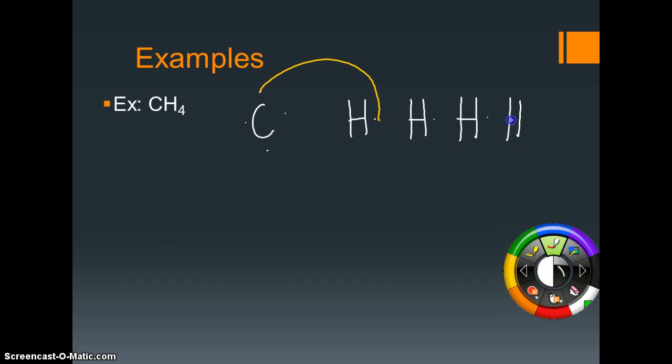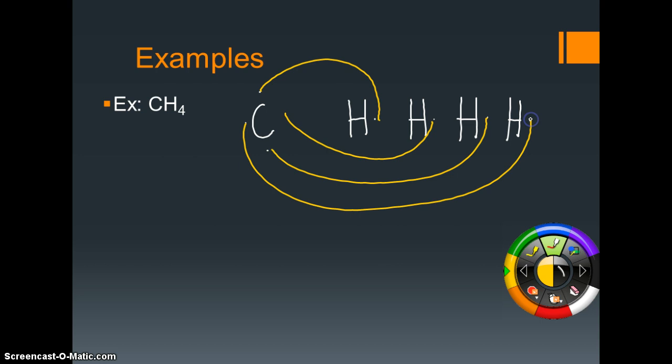Oopsie. There we go. Each one can go to one of these hydrogen. And since carbon has the most free valence electrons, we're going to put carbon in the middle. And so coming off of each side, you have one bond between carbon and each hydrogen.